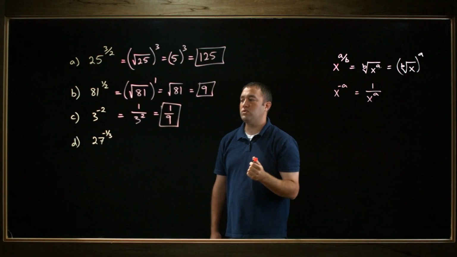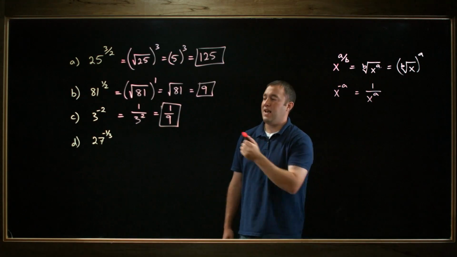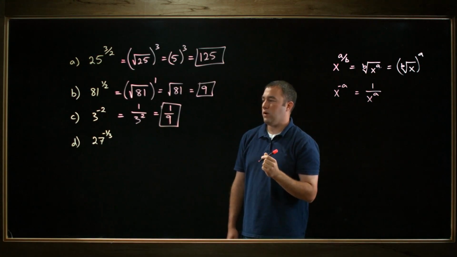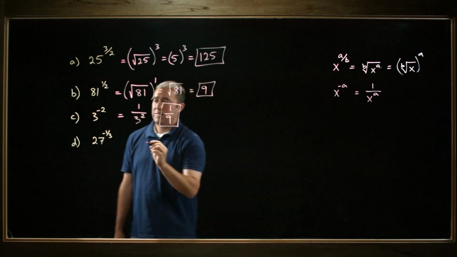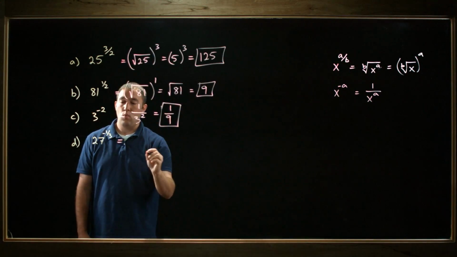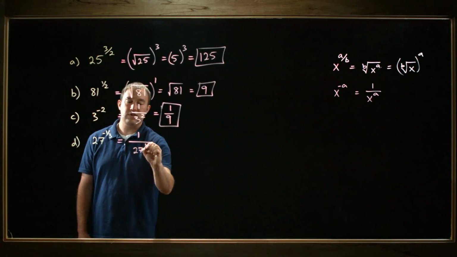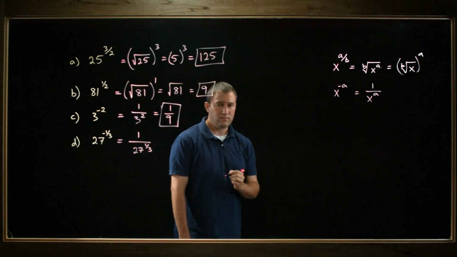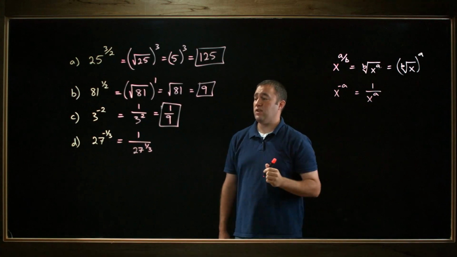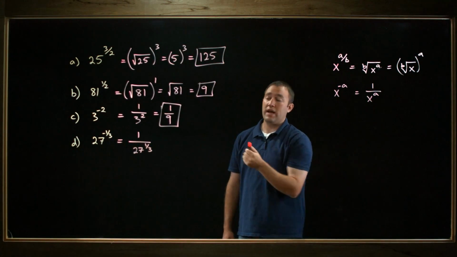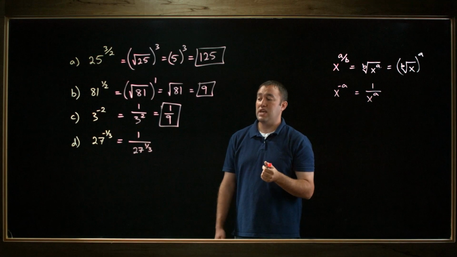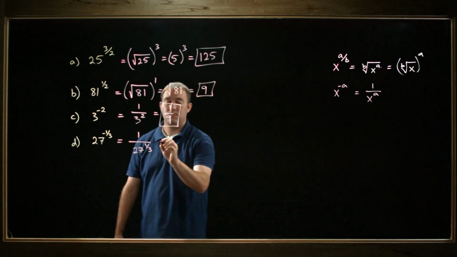My last one kind of throws together both ideas, the fraction and the negative, but we'll figure it out. Let's see. This is 1 over 27 to the 1/3. If I want, I can take care of that negative first and just write it as a fraction. Now I've got to figure out what 27 to the 1/3 is.